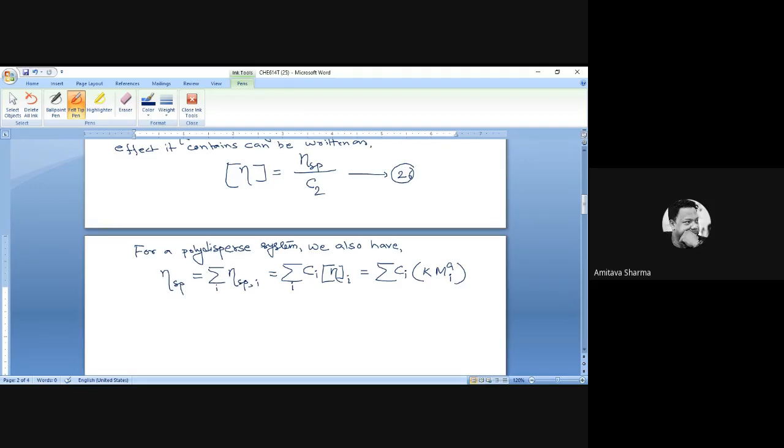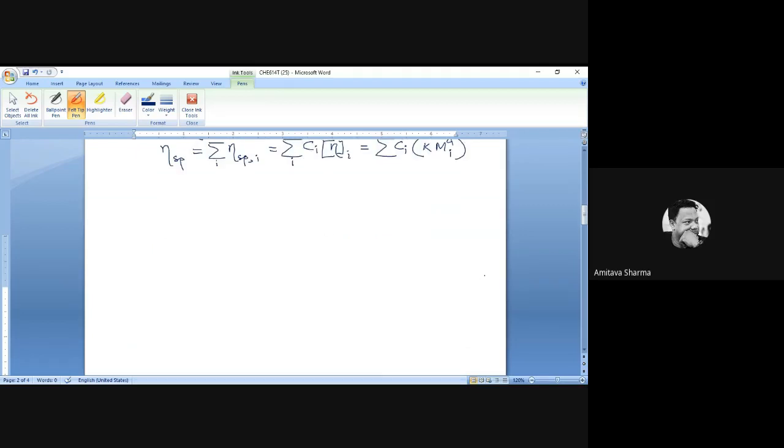So we can say, as the equation goes on, that C2 equals the summation over i of Ci. Definitely the concentration is equal to the total concentration of the substance present.